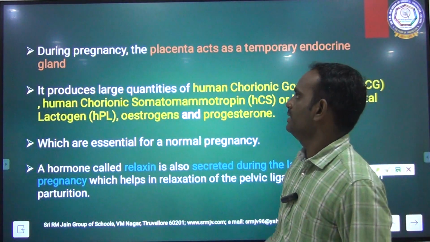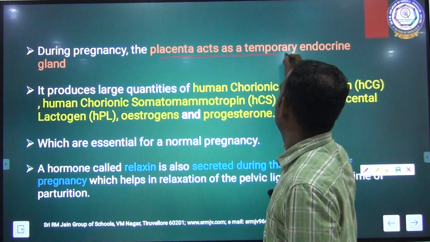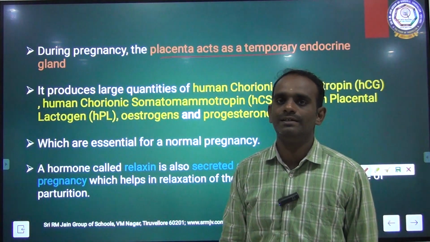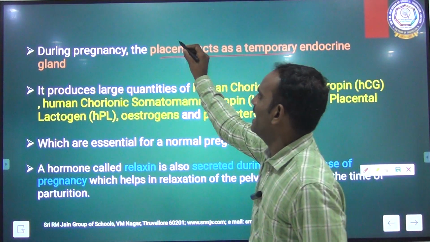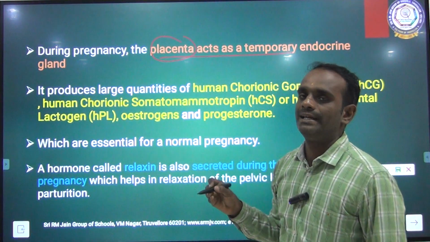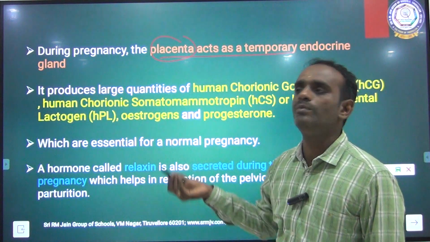During pregnancy, the placenta acts as a temporary endocrine gland. It secretes so many hormones.